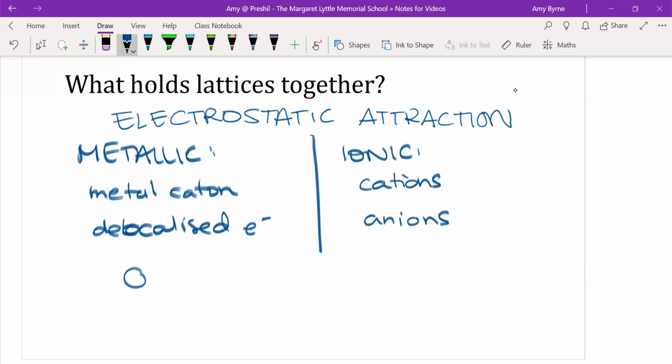So hopefully you've got an image in your brains of what those lattices look like.